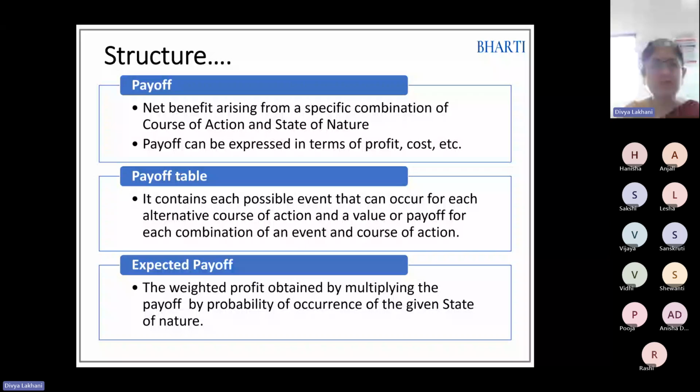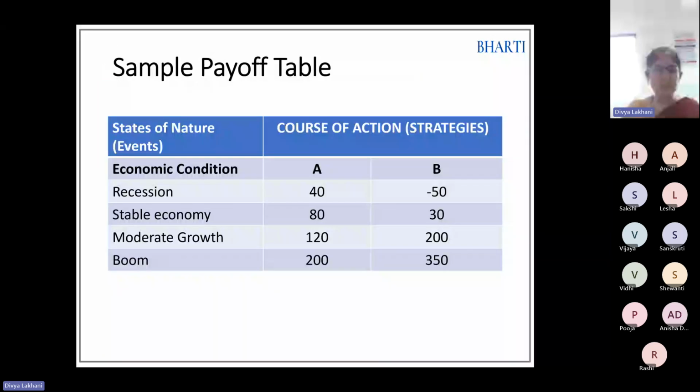Please have a look at the sample payoff table. You will notice I have given four states of nature: recession, stable economy, moderate growth, and is it within our control to have these particular states of nature? So these are uncontrollable factors, right?